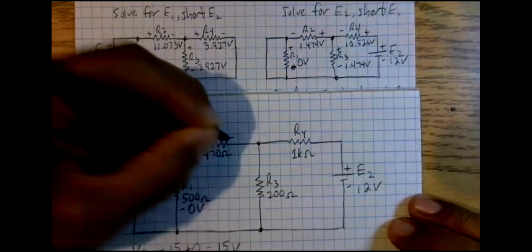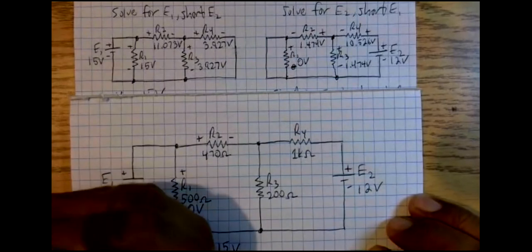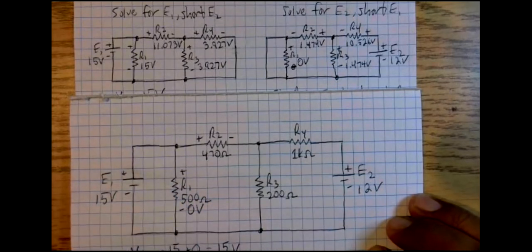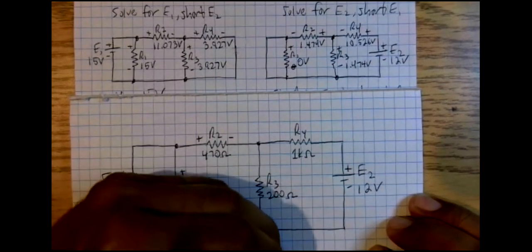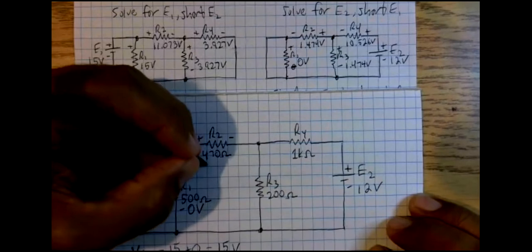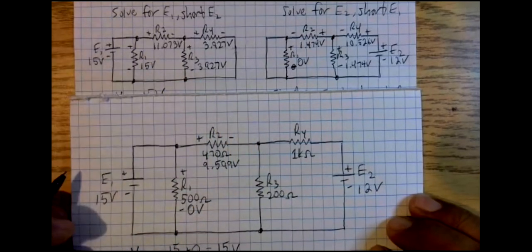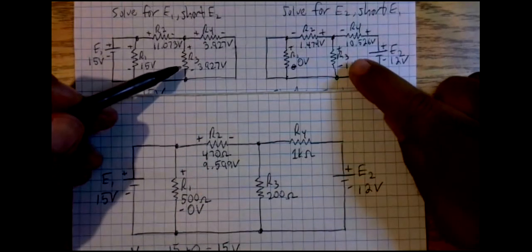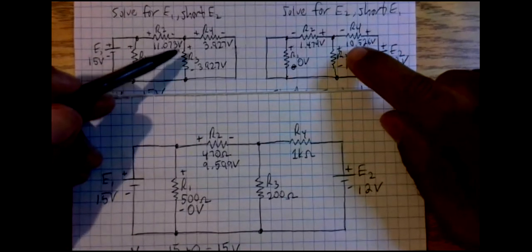So positive, negative, and VR2 will be equal to 11.073 minus 1.474, which equals 9.599. So right here, 9.599 volts.